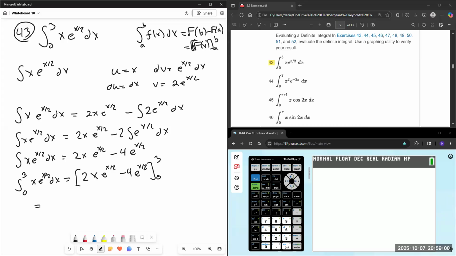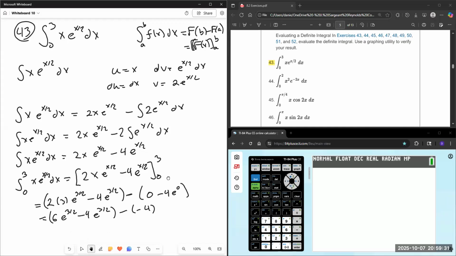That is 2 times 3 e to the 3 halves minus 4 e to the 3 halves, minus, and I'll put 0 in, 0 minus 4 e to the 0. So that's going to be 6 e to the 3 halves minus 4 e to the 3 halves minus a negative 4.